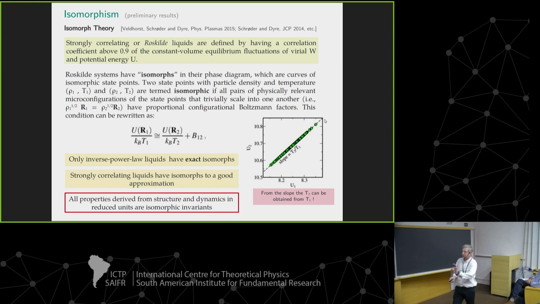And if I have 30 seconds more, I will tell you something about the isomorphisms, which is a property of strongly correlating liquids, which is the case of the interaction potential that we have. Strongly correlating systems are those where you scale the particle positions.